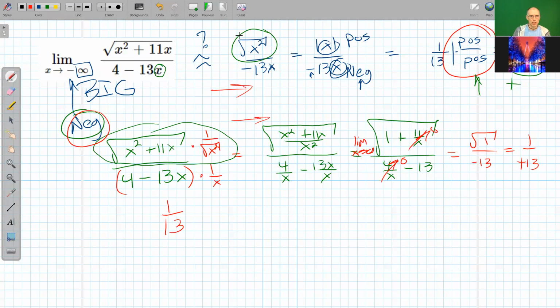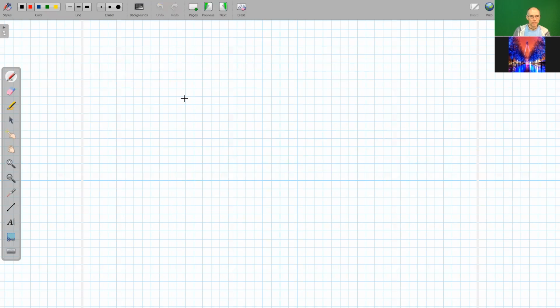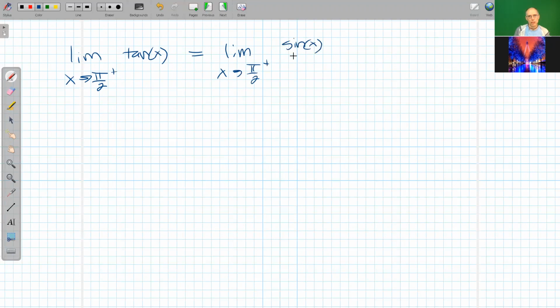And just another way to think about this for fun, we've got the limit as x approaches pi over 2 on the right side of the tangent of x. Now, tangent is really sine over cosine. So let's look at this as the limit as x approaches pi over 2 on the right side, sine of x over the cosine of x.